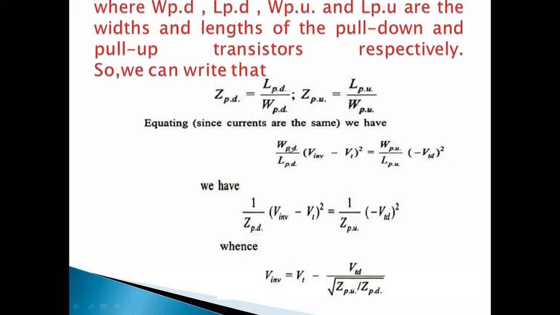That means here we have W by L; in this case, we are assuming L by W. For that reason, 1 by ZPD within bracket (V inverse minus Vt) whole square equals 1 divided by ZPU within bracket (minus VTD) whole square. In this case, just substitute ZPU and ZPD.